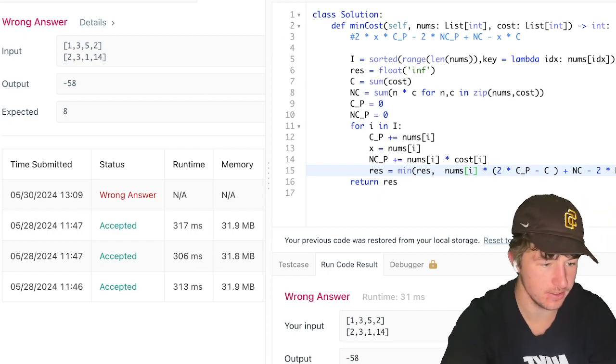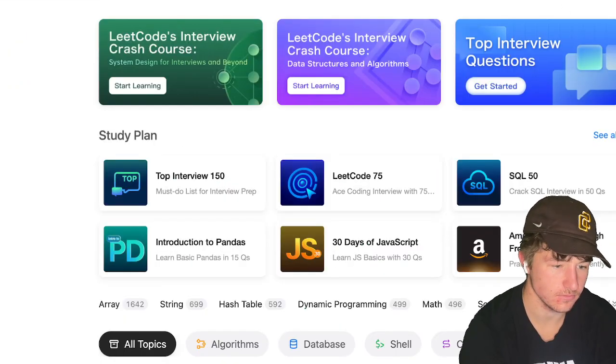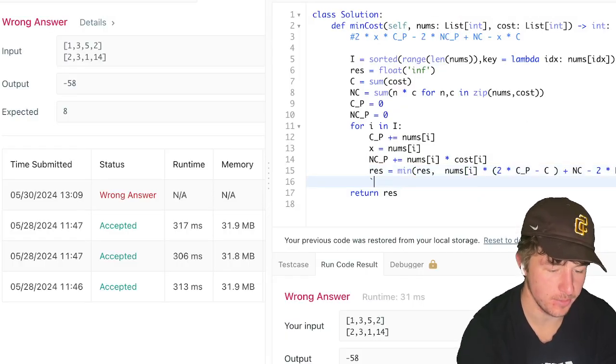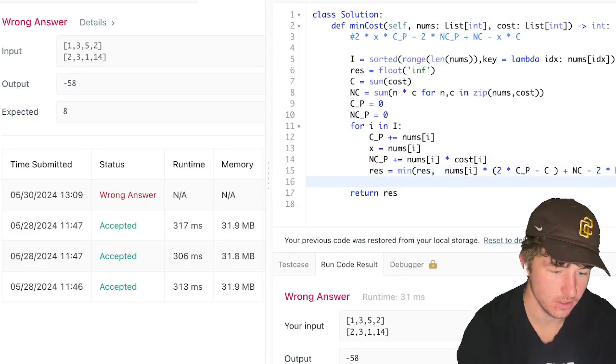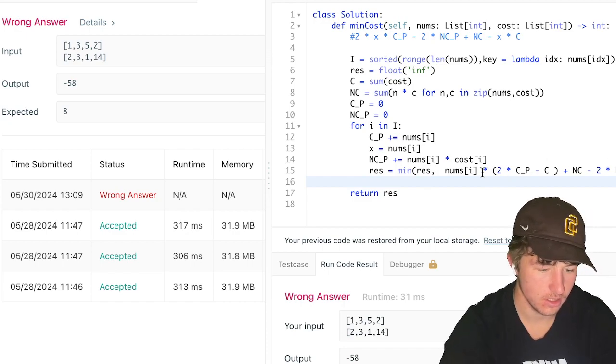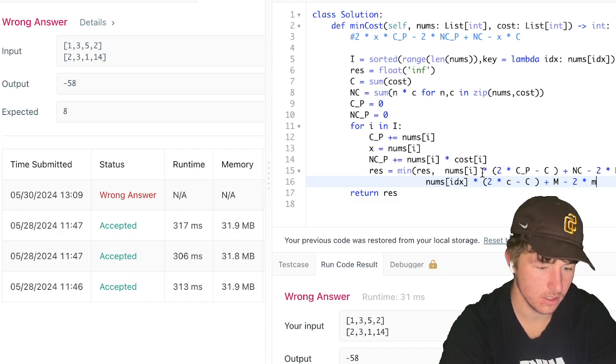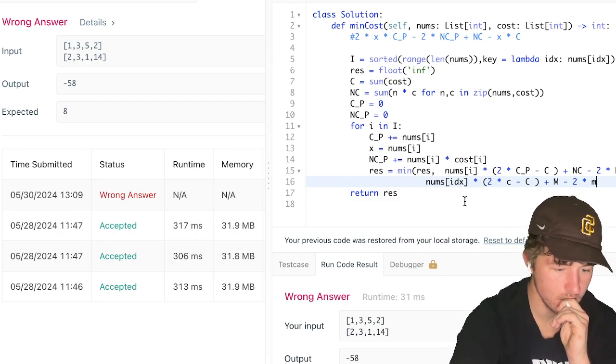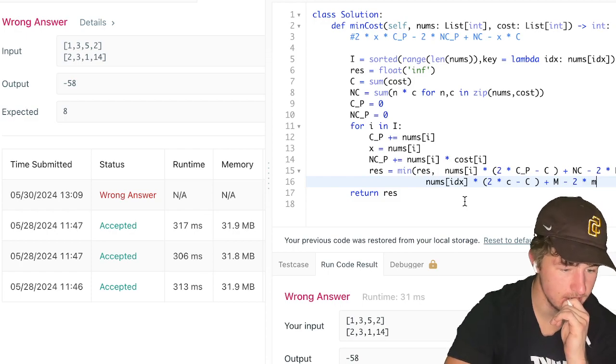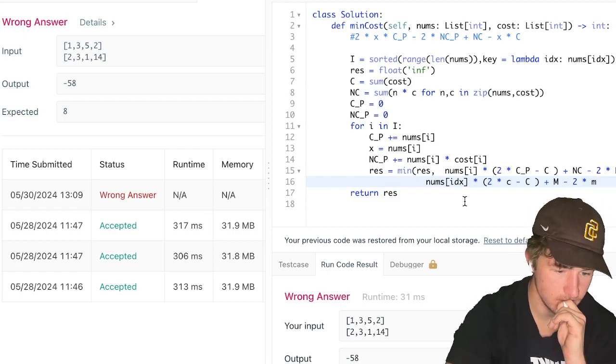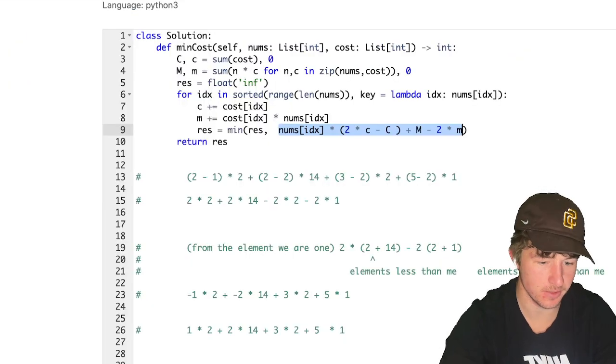I've literally copied over 2 times little c, big C. Big C is the sum of cost, right?